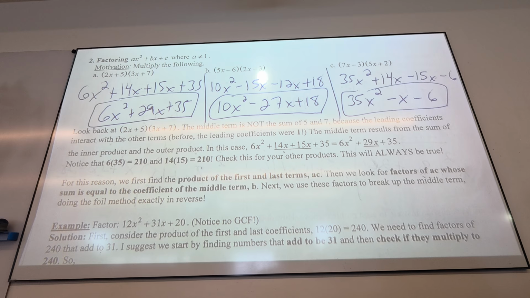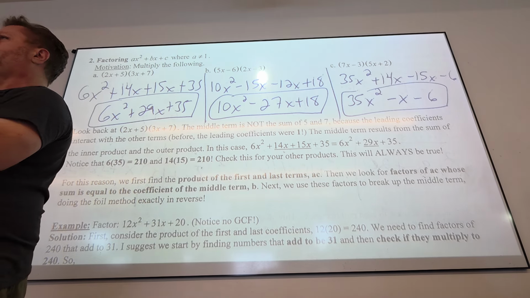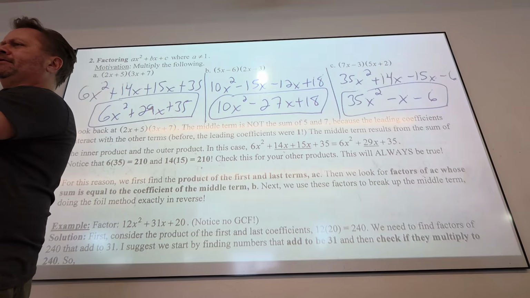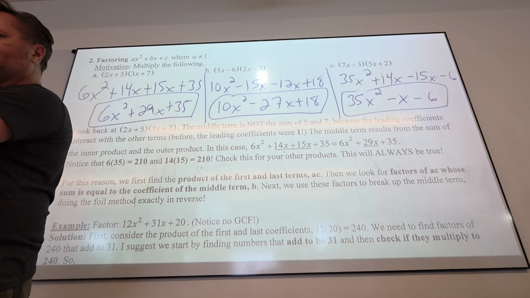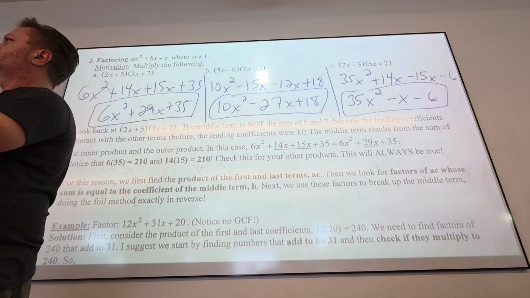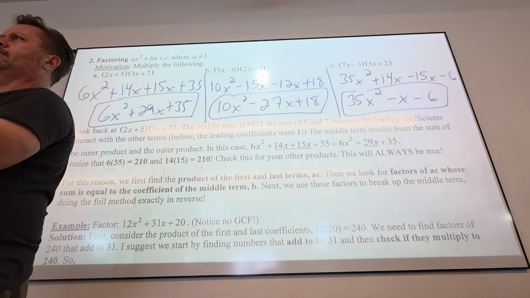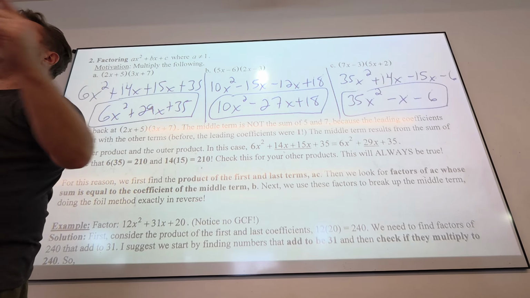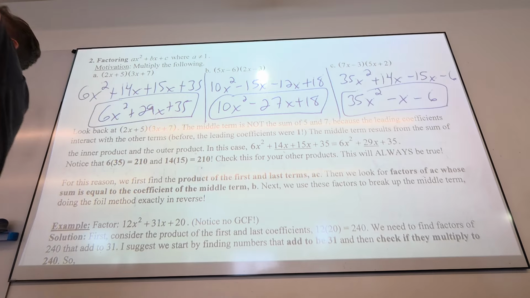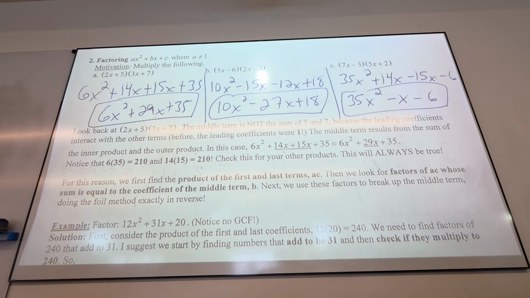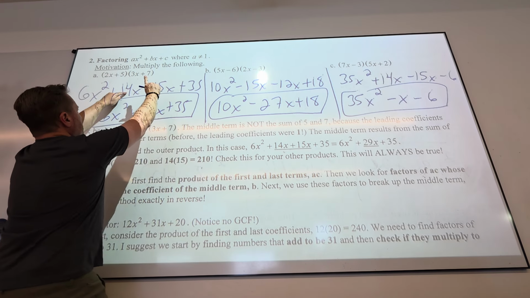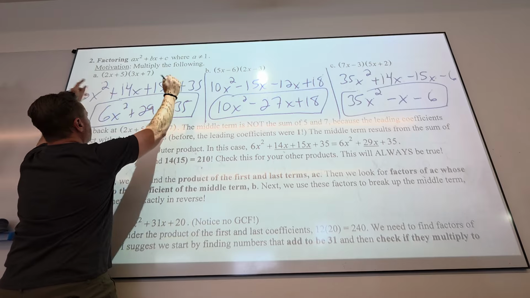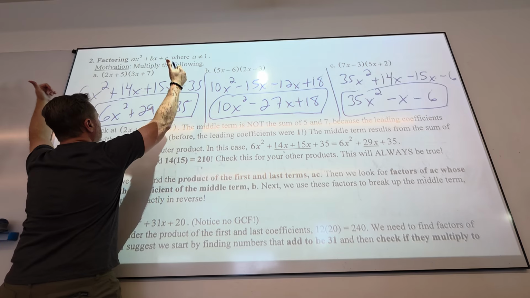What is 14 times 15? If you read this, you should know. It is 210, because it says so right away. And what is 6 times 35? 14 times 15 is 210. 6 times 35 is 210.